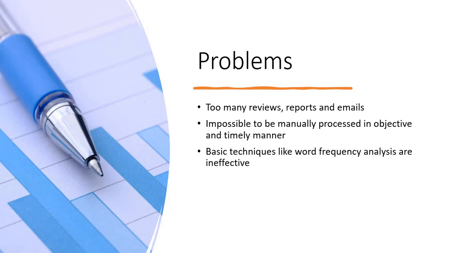For example, if you want to discover something from your reviews, and you go to some review site and try to see how many reviews there are, you might find that there are hundreds of thousands of reviews about your products.